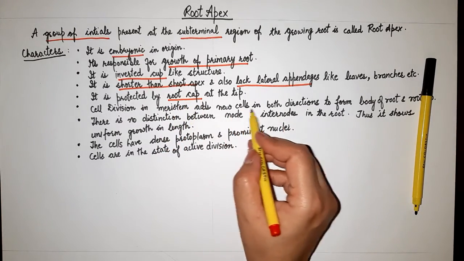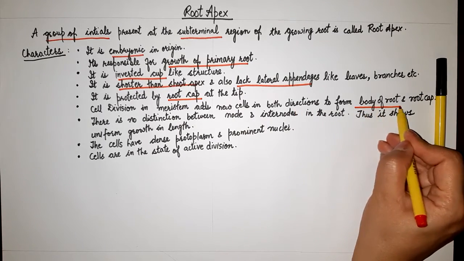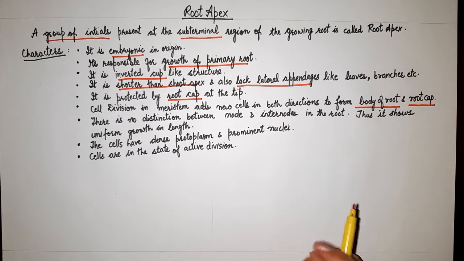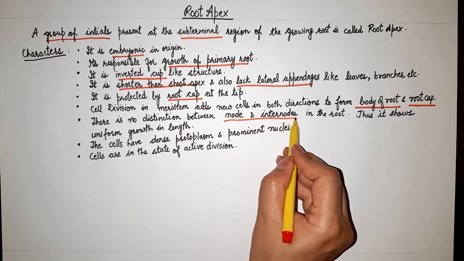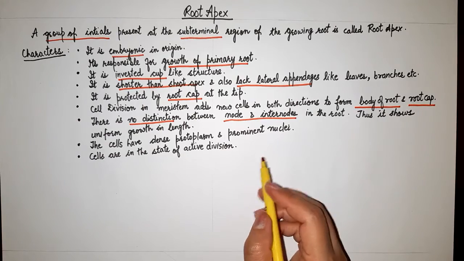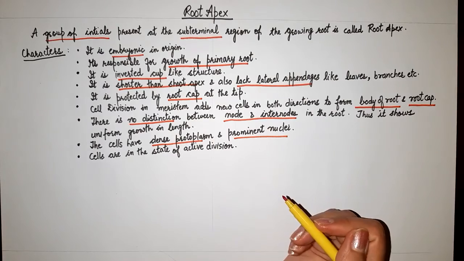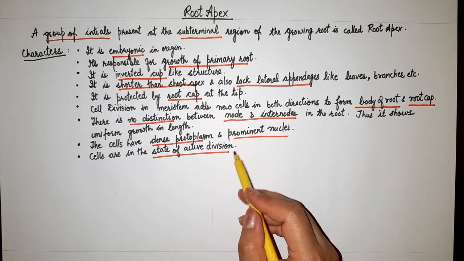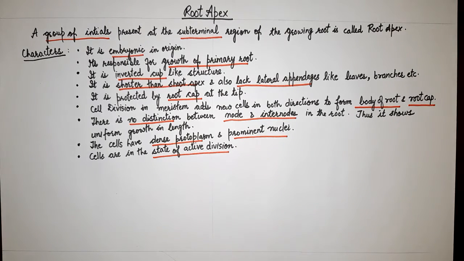Then it is going to add new cells in both the directions, that is towards upper side it will contribute to body of root and towards lower side to root cap. Then the root apex has no differentiation of nodes or internodes, so it's cylindrical in shape. The cells have dense protoplasm and prominent nuclei, and they are in the state of active division. These two, they are the typical characters of a meristem. So that was related to the general structure.